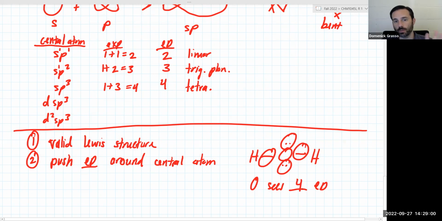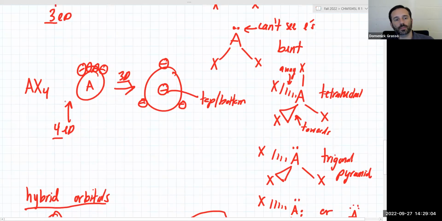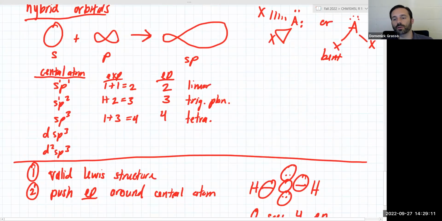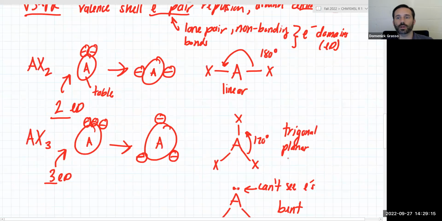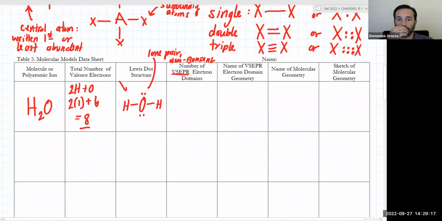What's your shape going to be? If you see 4 electron domains around your central atom, you're going to feel like a tetrahedral. So water feels like a tetrahedral. Let's look at our little sheet right here. How many electron domains does it see? It sees 4. What's the name of the geometry that's got 4 electron domains? That's called a tetrahedral.